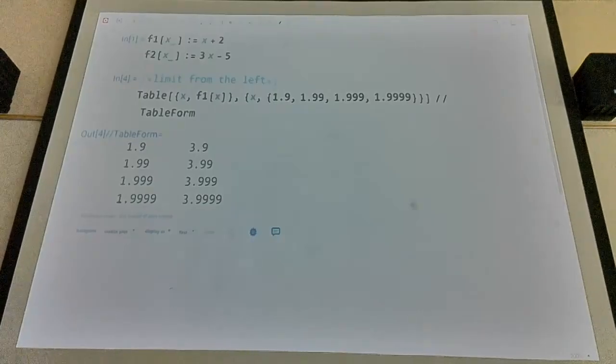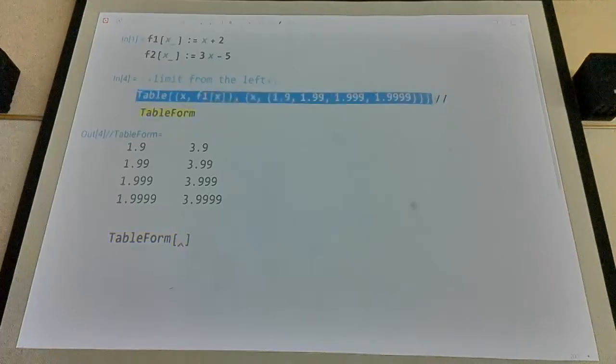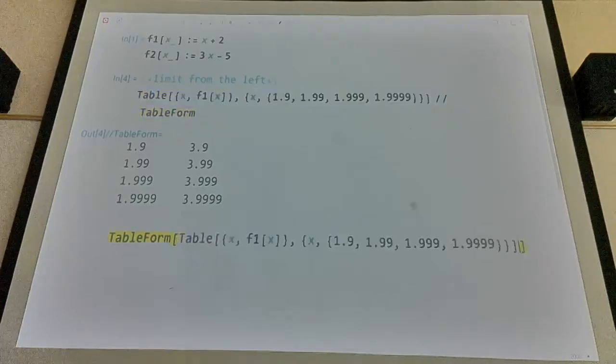However, it's not giving me any kind of headings. If I just put the table within the actual table form command itself, I can add table headings.